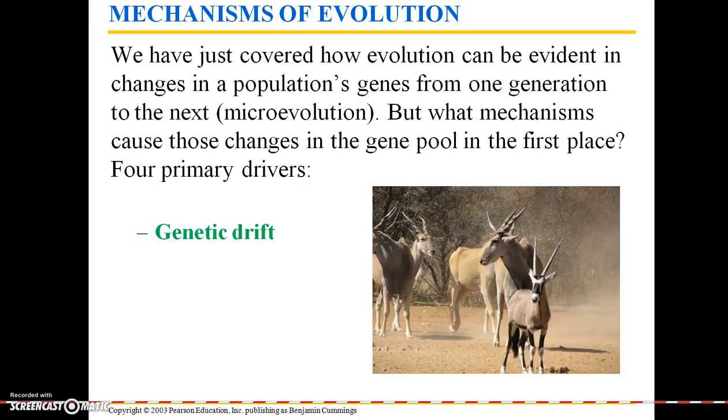One is genetic drift, another is gene flow, mutations, which we have talked a little bit about already, and natural selection, which is really what we have focused on for most of this lecture. So these are the big drivers of changes within gene pools, and thus can be thought of as drivers of evolution.